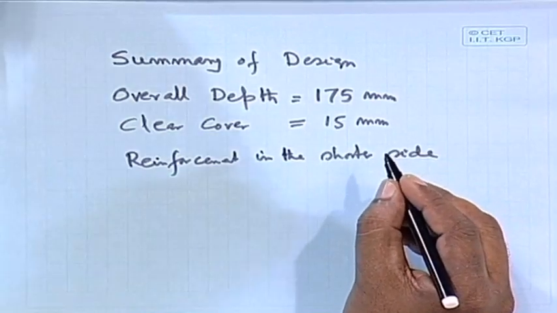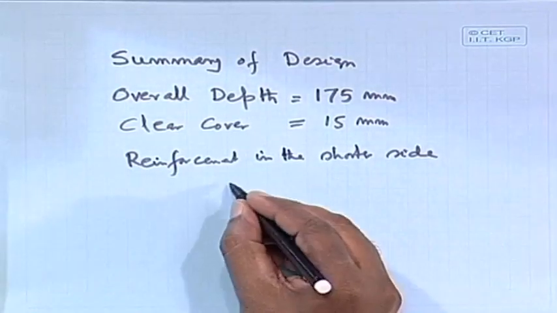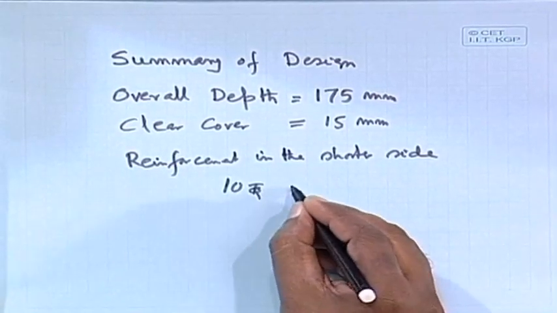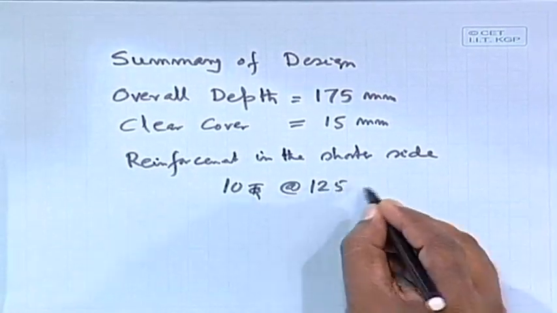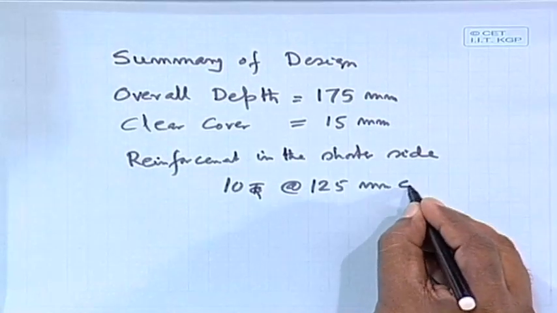How much reinforcement do we have in the shorter side? 10 torr at the rate of 125 mm center to center.